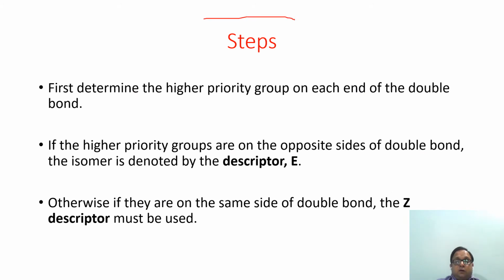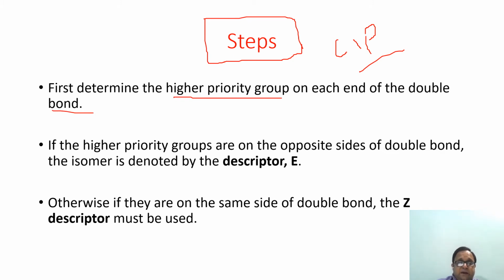Now, look at the steps involved in this nomenclature. First, we have to determine the priority, and for priority we have to recall the CIP rule. What am I saying? The CIP rule: Cahn-Ingold-Prelog rules, similar to those used in the RS system of nomenclature.